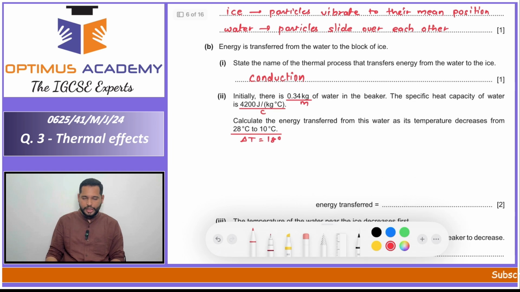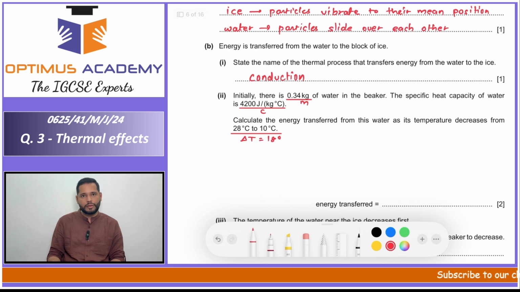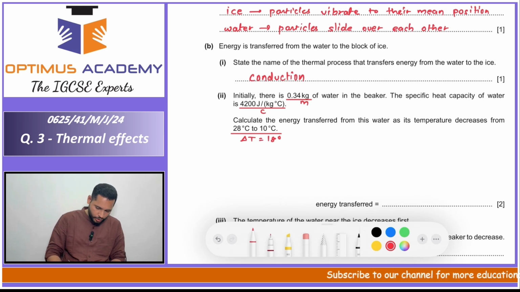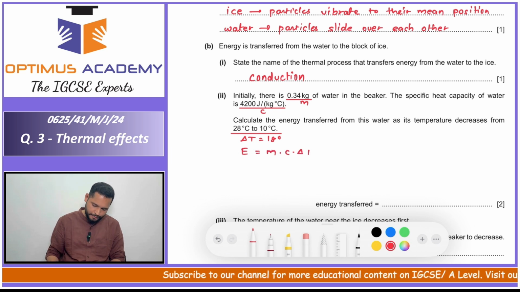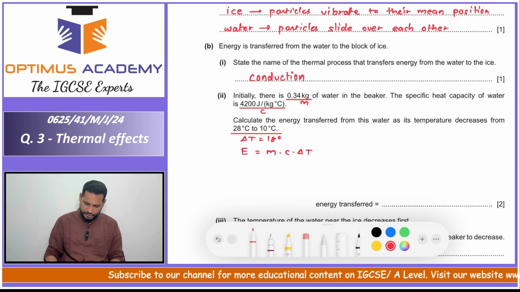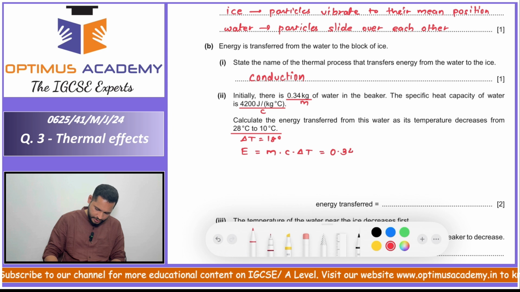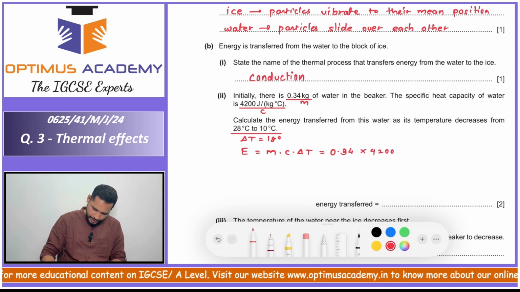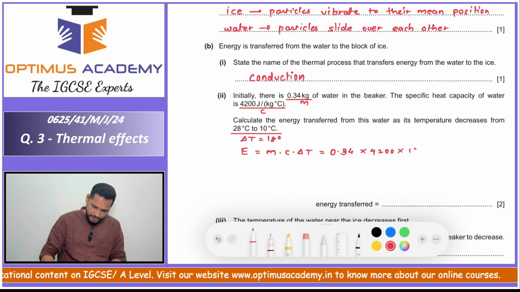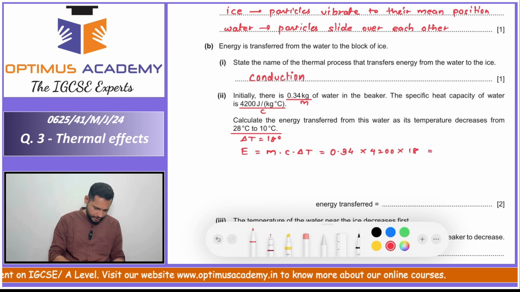Now, how do we calculate energy when the data given is mass, specific heat capacity and the temperature difference? We have the formula that energy transfer is equal to mass multiplied by specific heat capacity multiplied by change in temperature. Here, the mass is 0.34 kg, the specific heat capacity is 4200 and the difference in temperature is 18 degrees Celsius.